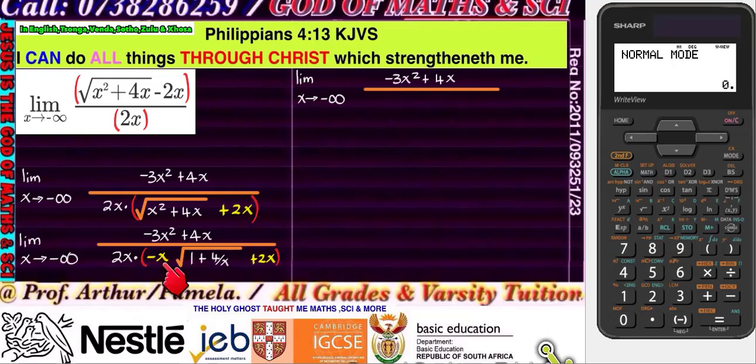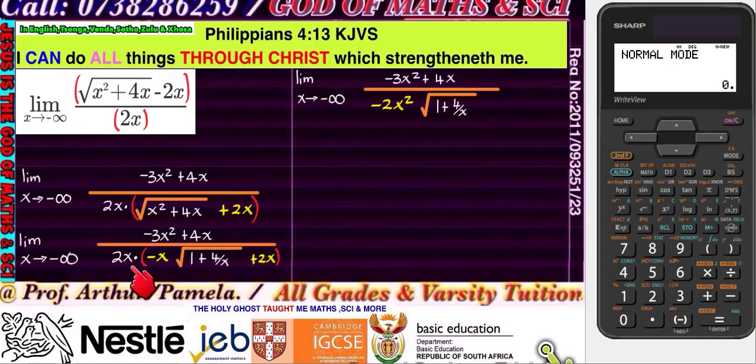Let's just multiply the 2x inside the bracket. So it's going to be minus 2x squared. And then we need the square root, because it's next to the square. It's going to be the square root of 1 plus 4 divided by x.